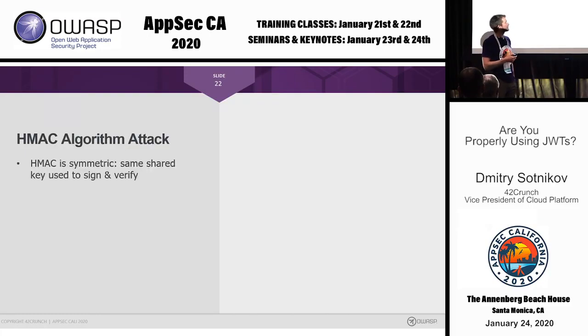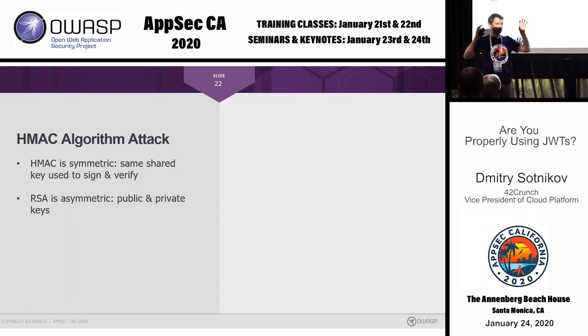A more interesting attack is to change the algorithm not to none, but from asymmetric to symmetric. So let me tell you how that works. We have two classes of algorithms for signing things, symmetric and asymmetric. Symmetric is when the same secret, the same key, is used by both parties, right?